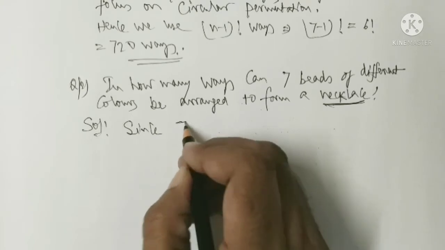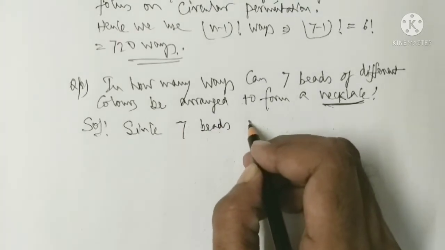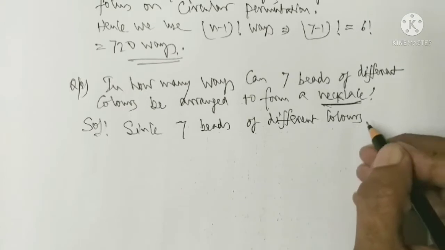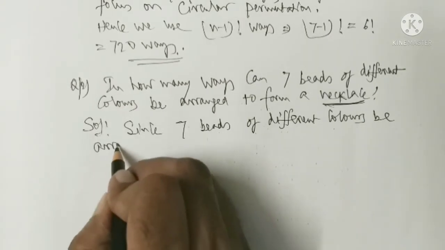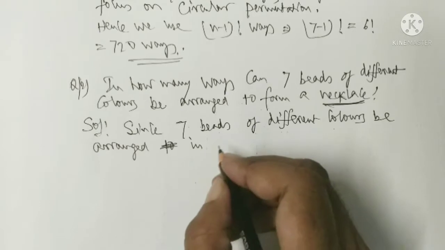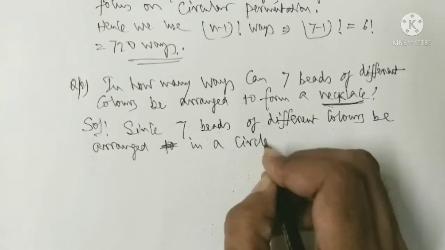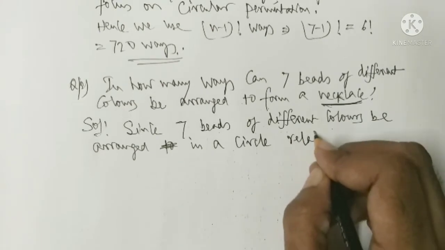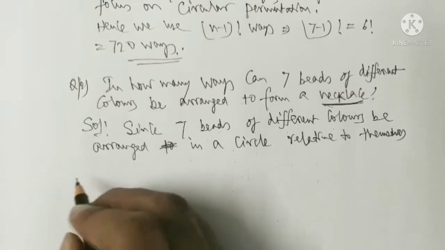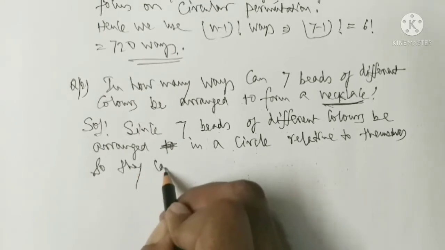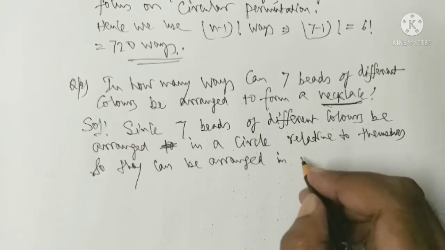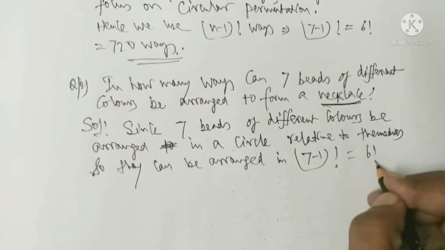Since 7 beads of different colors be arranged in a circle relative to themselves, so they can be arranged in 7 minus 1 factorial, that is 6 factorial.